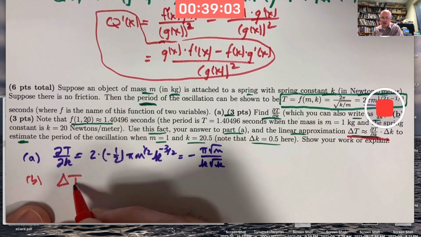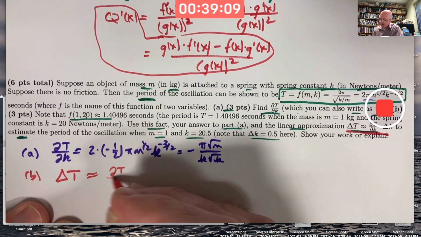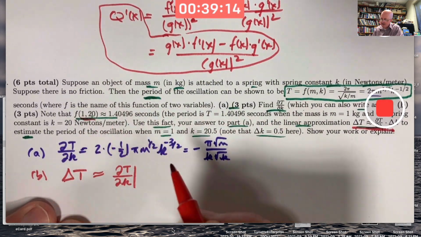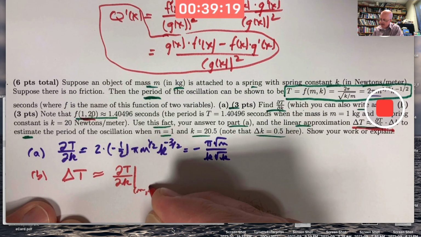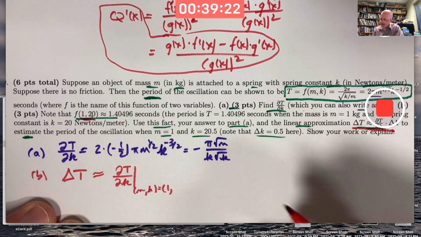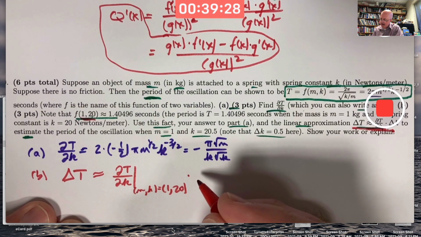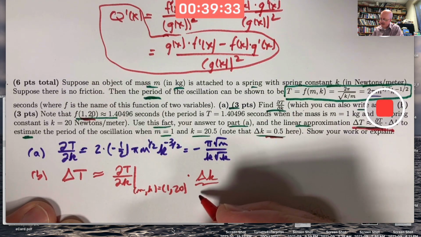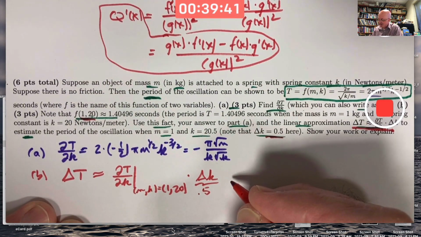Delta T, the change in the period, capital T, is approximately the rate of change of the period with respect to k, evaluated at the starting value of m and k. m is 1, k, the starting value, is 20, times delta k. Delta k is 0.5. I'm letting the spring constant increase by 0.5. How? By using a new spring, okay? That's similar in how it's constructed to the old spring.